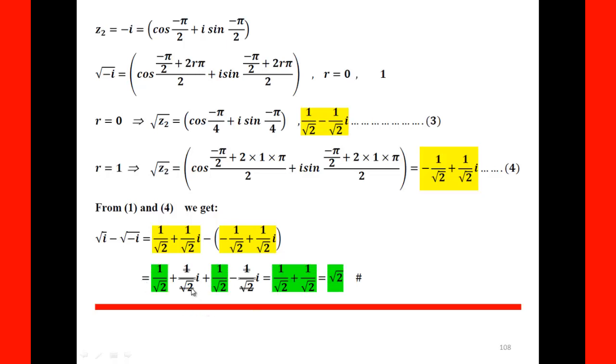Now 1 over root 2 minus 1 over root 2 i, again 1 over root 2 i minus 1 over root 2 i equals 0. So we have 1 over root 2 plus 1 over root 2 equals root 2. And this is the required. What is the required? Root i minus root negative i equals root 2. One of the values of this expression equals root 2.